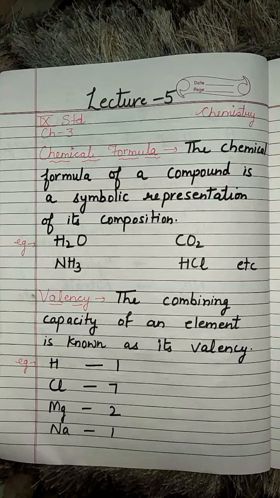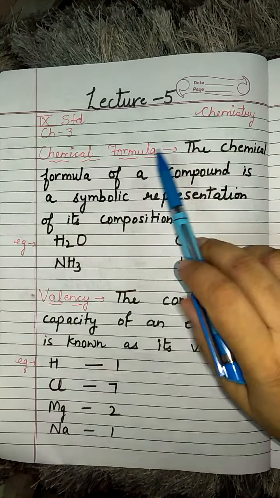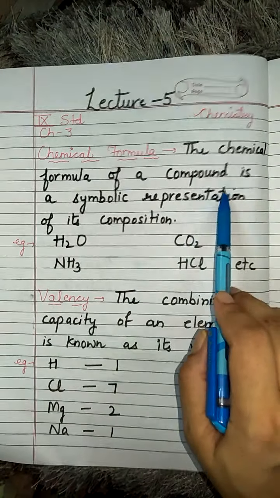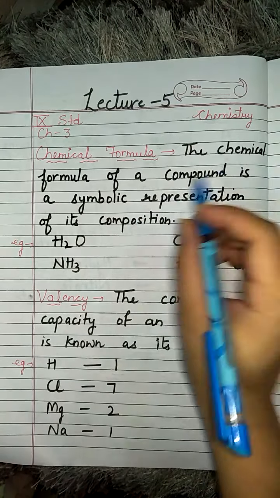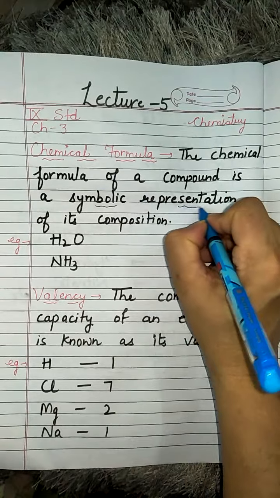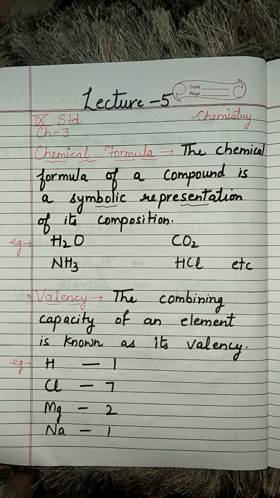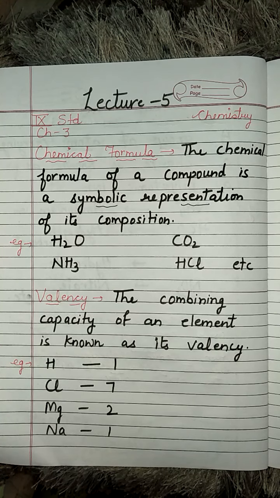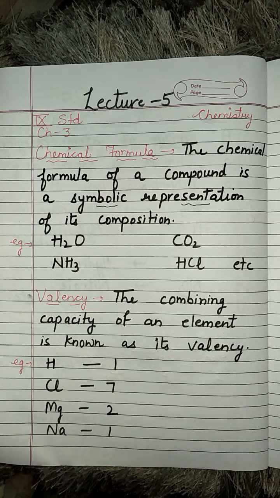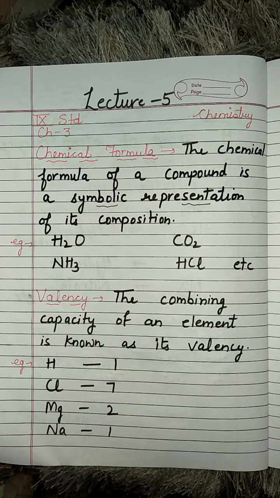So let us start with the chemical formula. What is a chemical formula? The chemical formula of a compound is the symbolic representation of its composition. The composition contains the different symbols of the different elements, and that gives you the formula.